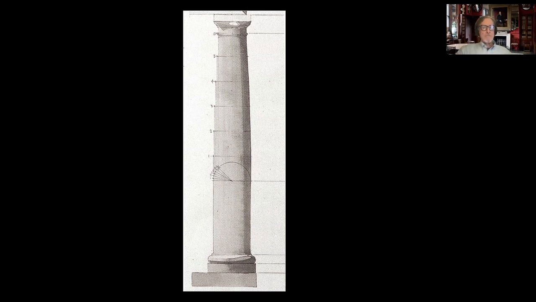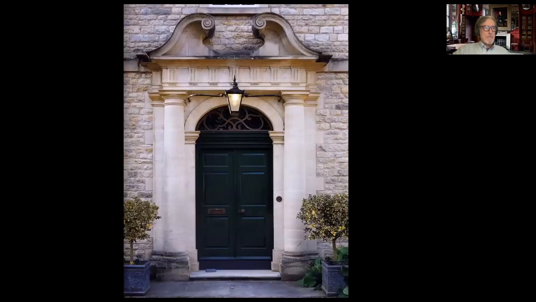Pilasters are half columns which are engaged with the wall. Typically, pilasters do not taper. Sometimes you see them tapering, but most often they don't. So here's a good example again from Quinlan Terry. You can tell I'm a big fan of Mr. Terry's architecture. You'll see lots of examples of his work this evening.